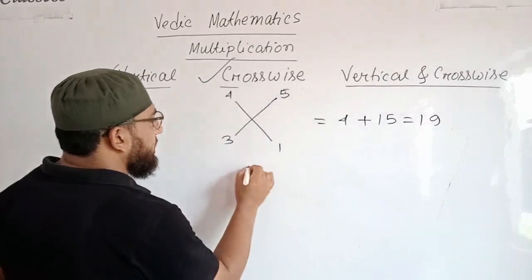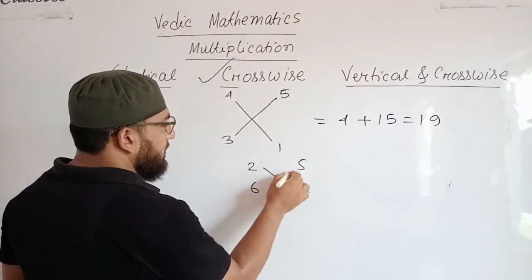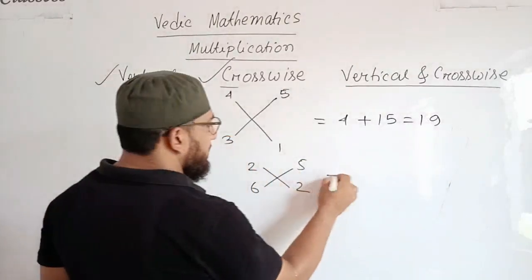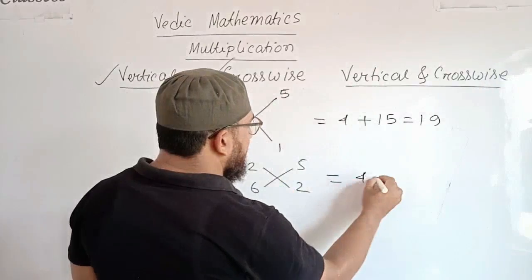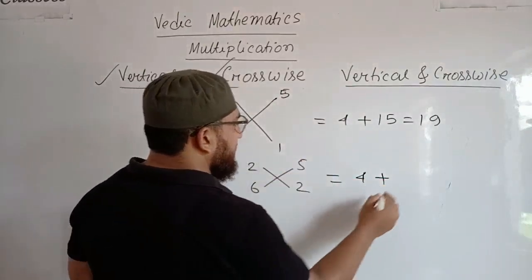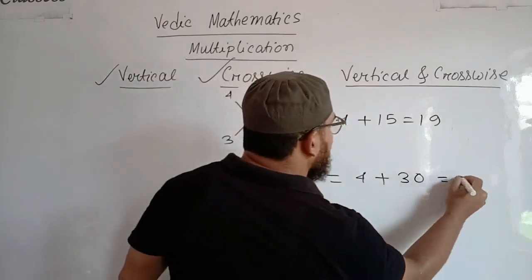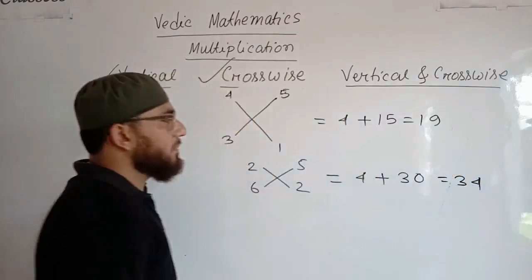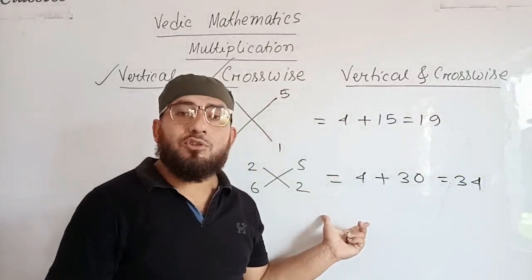Take one more, you have 5, 6 and 2. Your crosswise multiplication here will be 2 twos are 4 plus 6 fives are 30, that is 34. So this is your crosswise multiplication.